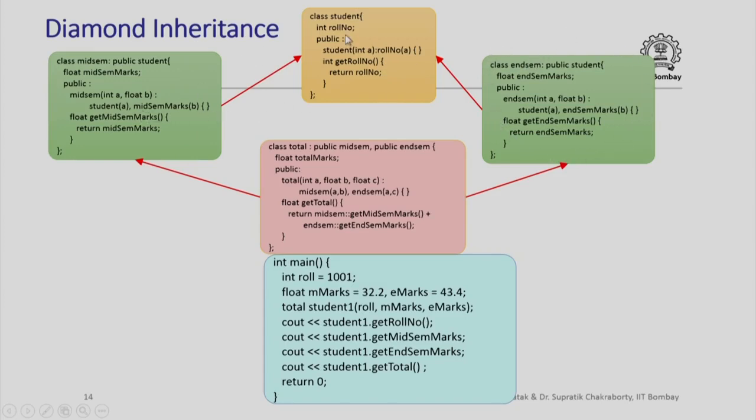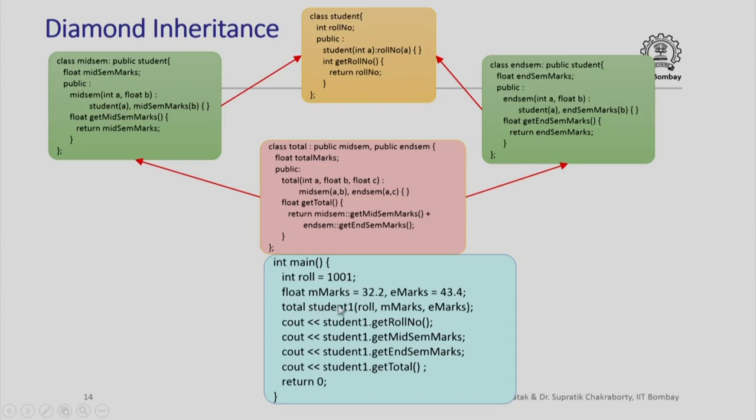Because midsem is derived from the class student and endsem is derived from the class student, the object of class midsem will have an object of class student within it, and the object of class endsem will have another object of class student within it. So really there are 2 objects of class student within an object of class total, this being the name of the object.